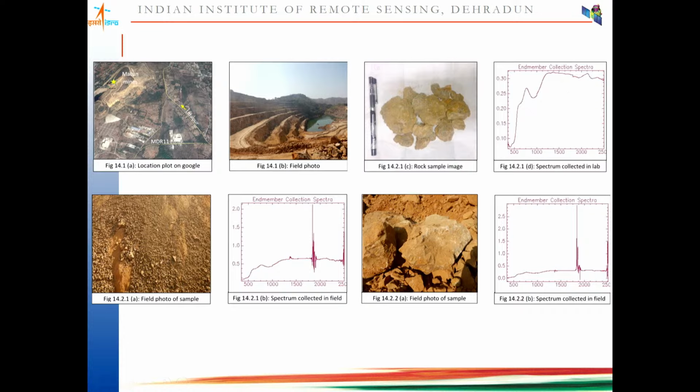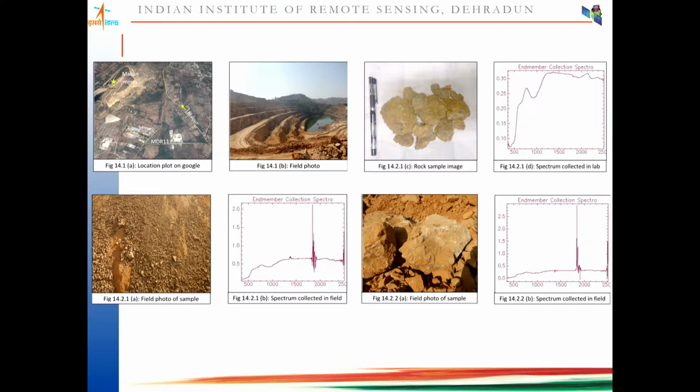In the field, we keep a distance between the sample and our spectrum collecting device, because we are collecting in sunlight. So the light source is our sun, and there is a distance in between, so the atmospheric interaction is there. Because of that the water absorption band is present, and the noise at 1.4 and 1.9 is there.